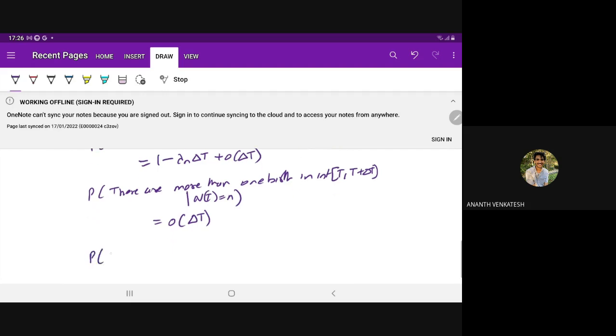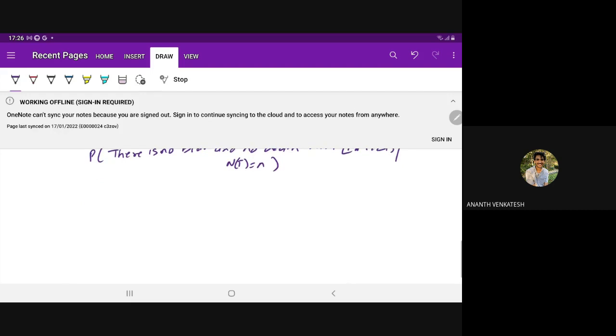If I want the probability that there is no birth and no death in interval t to t plus delta t, given there are n customers, at that time no event is occurring, neither birth nor death. So that is possible.